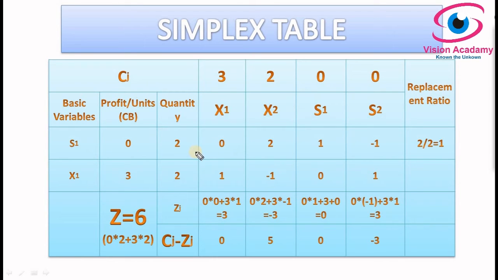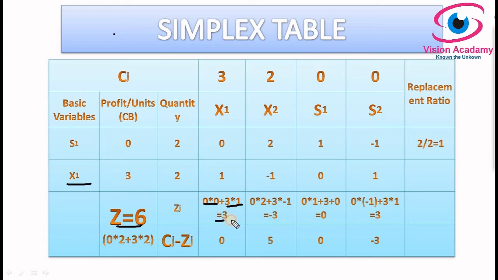After this row operation, considering the same x1 coefficient and everything, we can calculate zj, cj minus zj, and ultimately we will see the optimality condition. Now z is equal to 0 into 2 is 0 plus 3 into 2 is 6. So the z value is 6. Now if you want the z1 value, 0 into 0 is 0, 3 into 1 is 3.